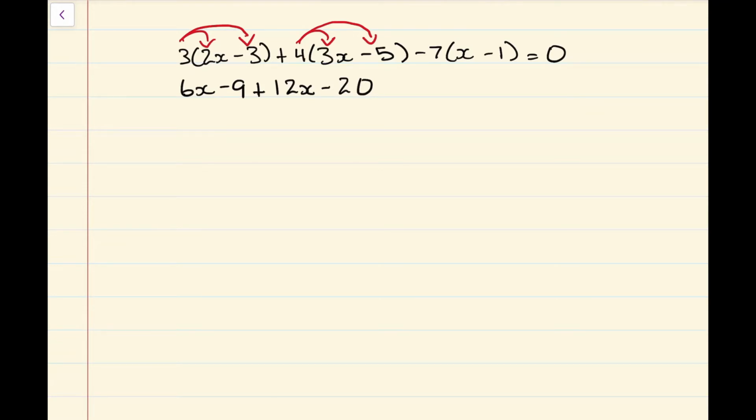And for the removal of our third bracket, we'll have negative 7 into x will just give us negative 7x, and negative 7 into negative 1 will give us a positive 7. And that's just going to equal 0.